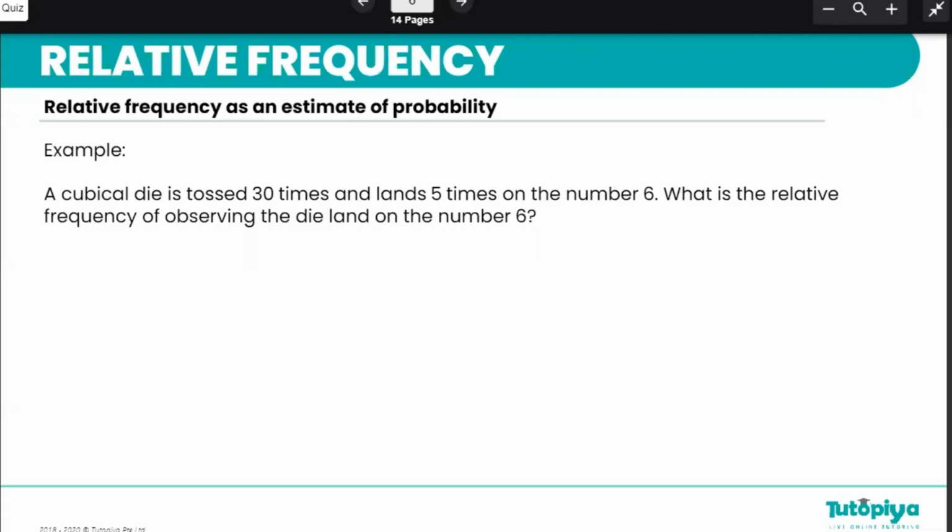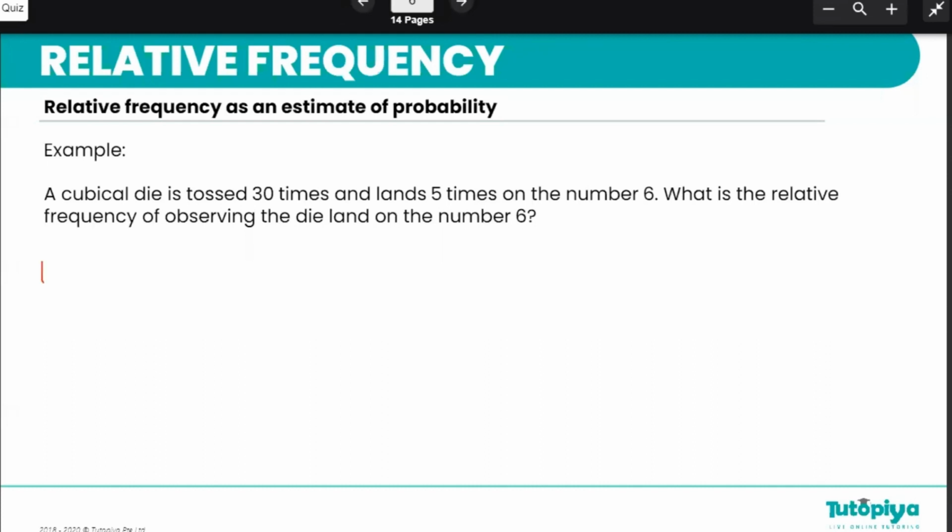Let's have a look at an example on relative frequency. If a cubical dice is tossed 30 times and lands 5 times on the number 6, what is the relative frequency of observing the die land on the number 6? To begin with, I'm going to write down the equation of relative frequency that we know.